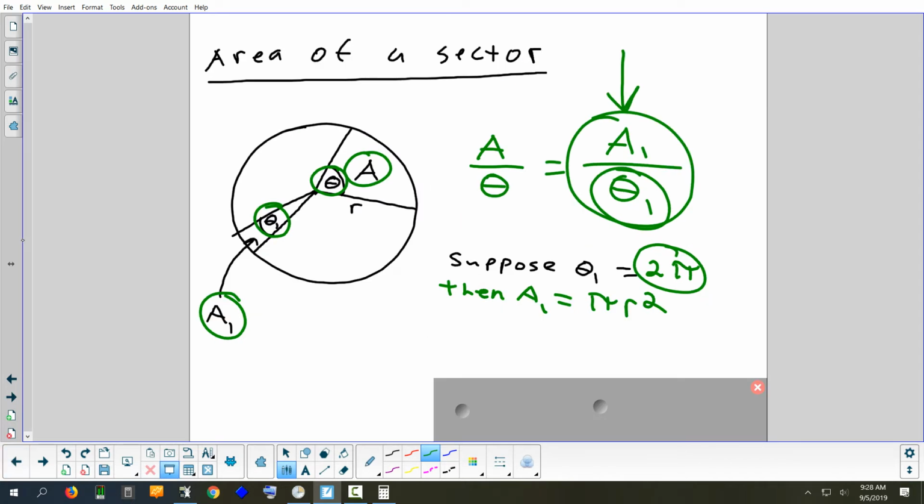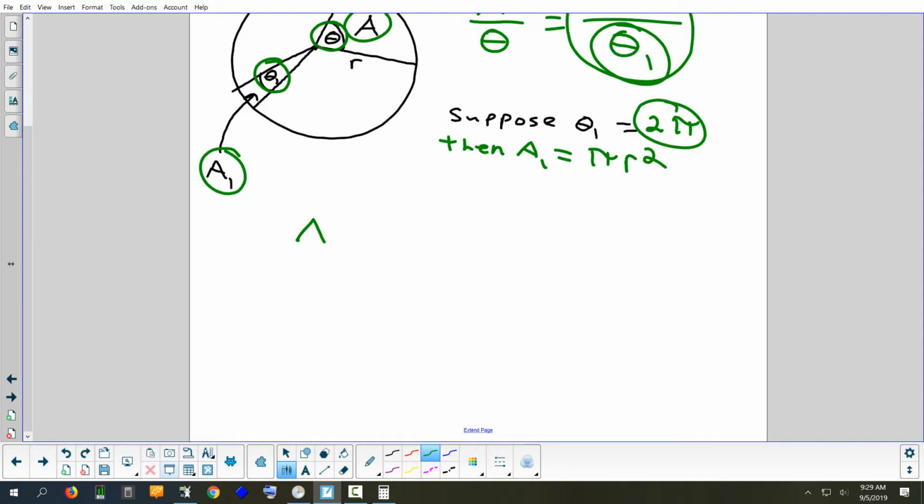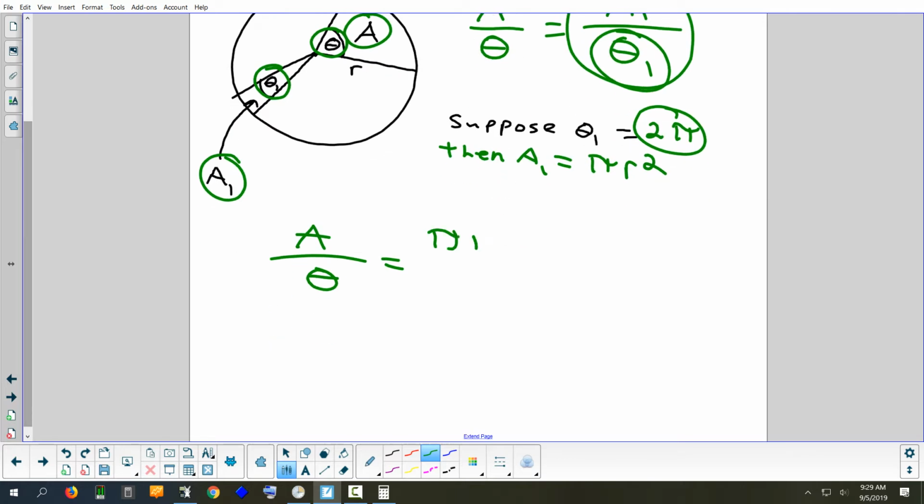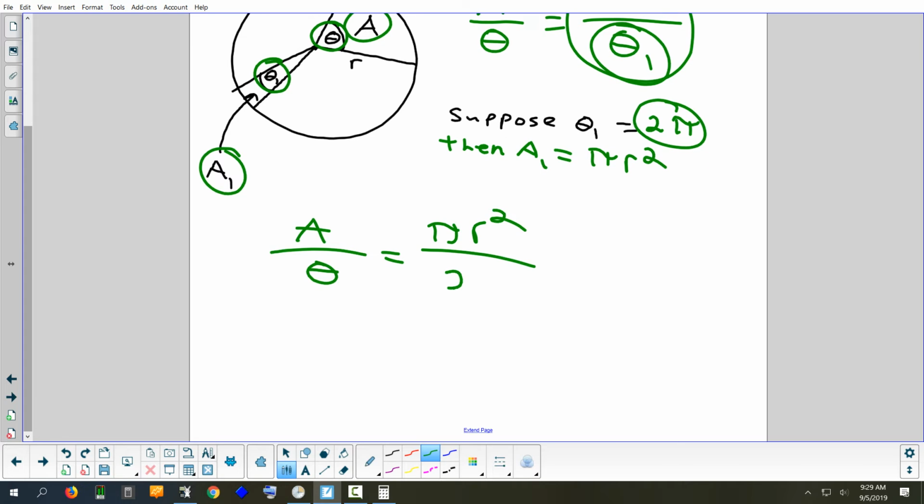All right. So now let's fill in our fact to start with. Leave the left side blank. That's the stuff you'd fill in when they give you a problem. Okay. So area over theta equals pi r squared over 2 pi. That's your 1 foot is 12 inches.